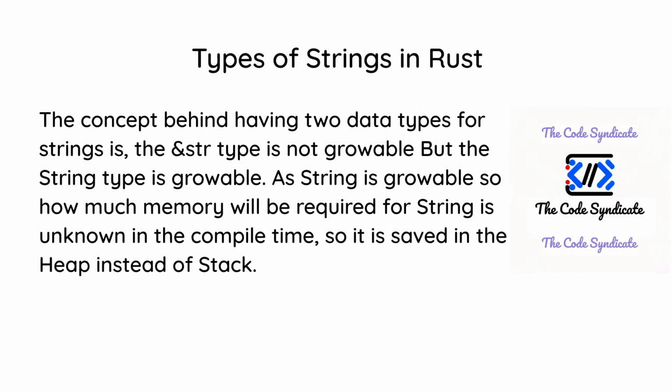The concept behind having two data types for strings is that the str type is not growable, but the String type is growable. As String is growable, how much memory will be required for it is unknown at compile time, so it is saved in the heap instead of the stack.